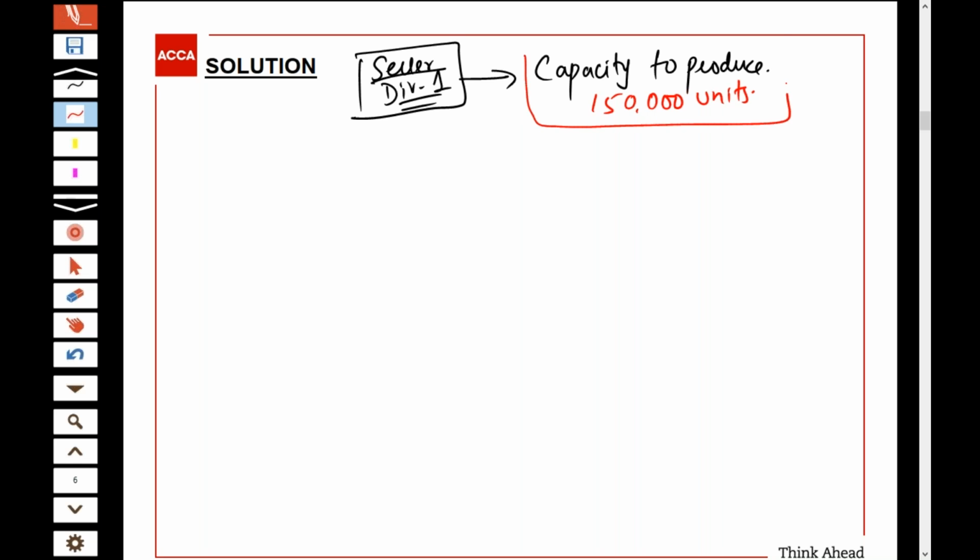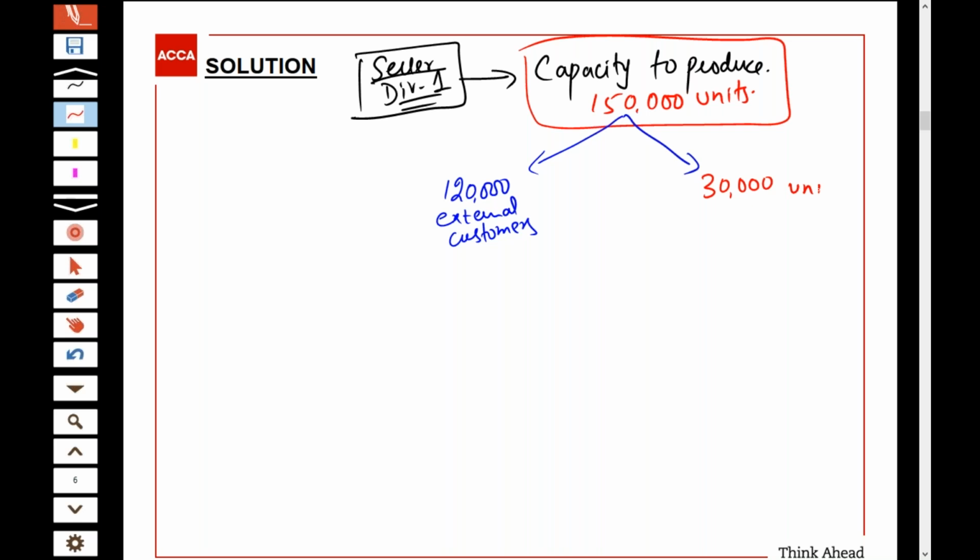This is a limited capacity, and it has 120,000 external customers, and the remaining 30,000 units are known as free capacity.